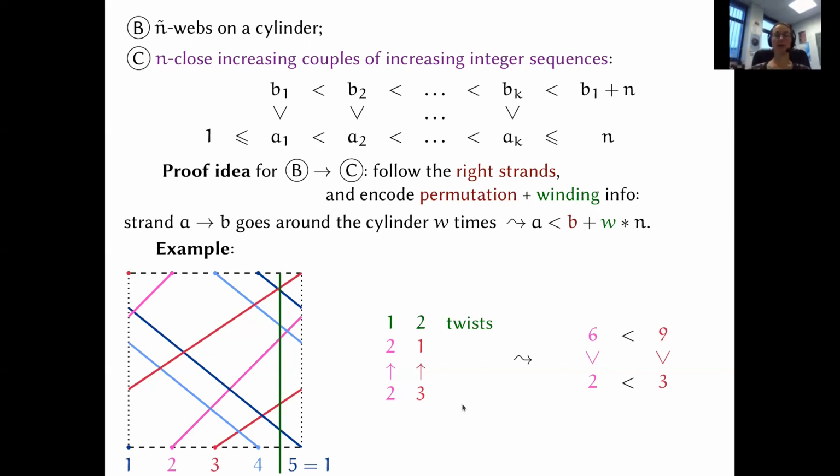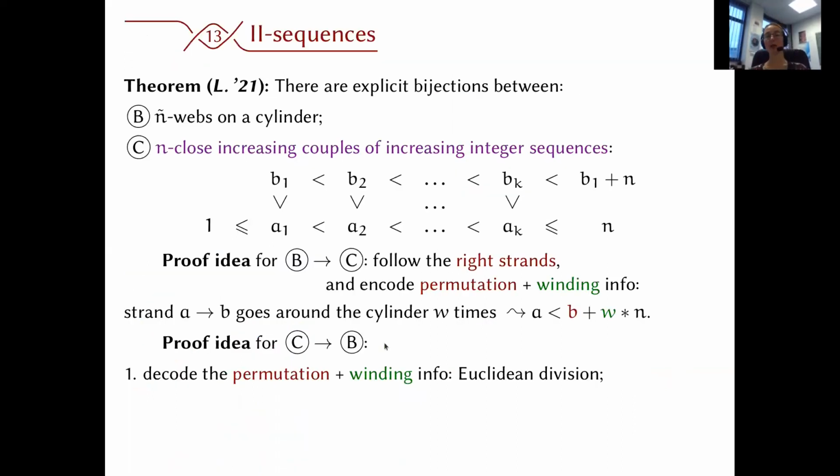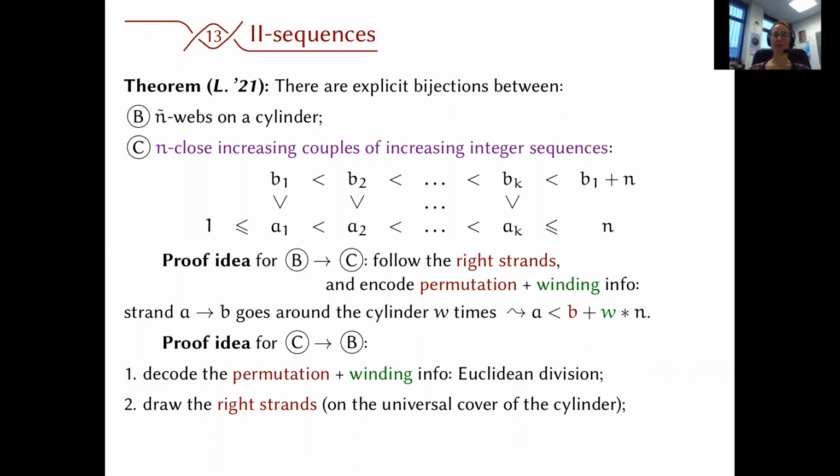And if you want to go in the opposite direction, you need to decode. To decode this, you need just Euclidean division, so it's pretty elementary. If you have these two sequences of numbers, first all the Bi's, you decode them to get the permutation and the winding numbers.